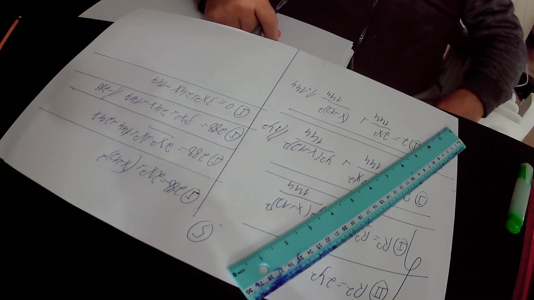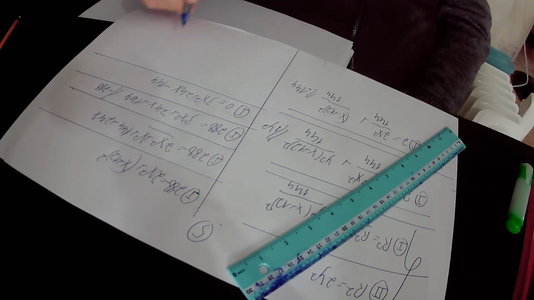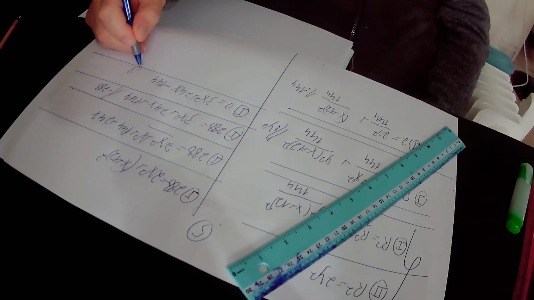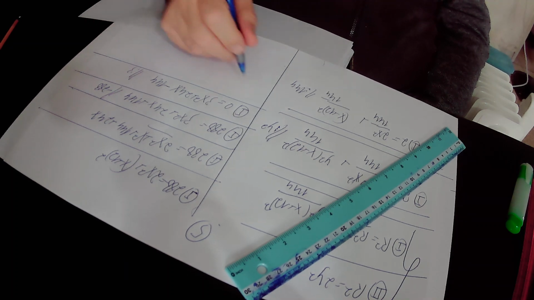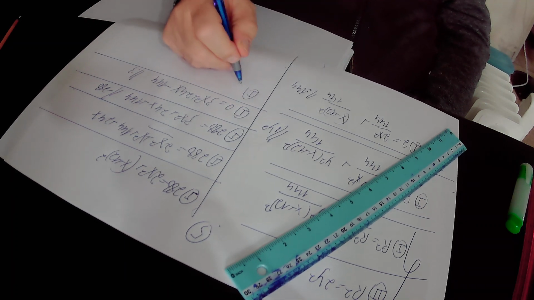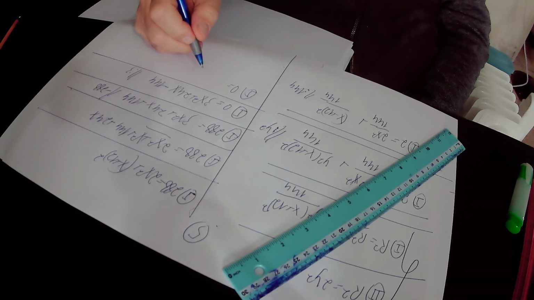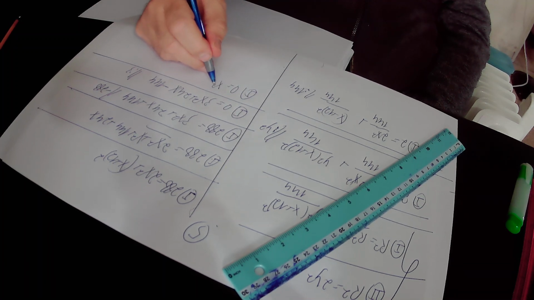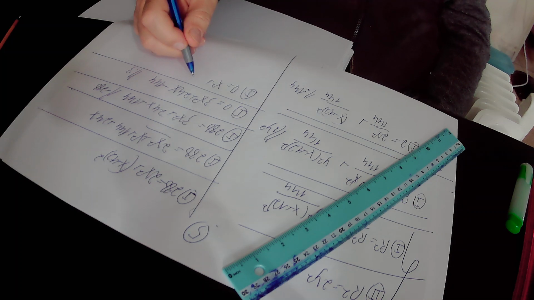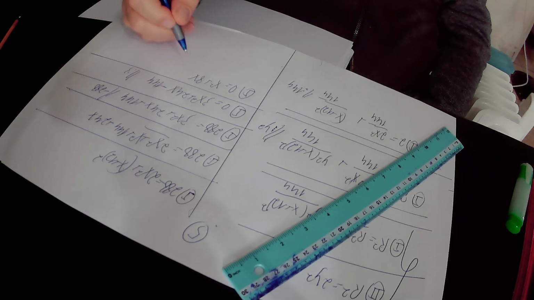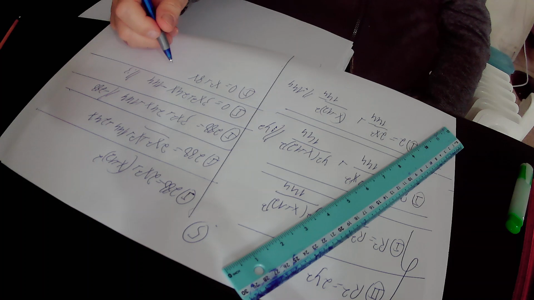So here we divide this quadratic equation by 3, and we get that according to this equation 1, 0 over 3 is 0, 3x squared over 3 is x squared, plus 24x over 3 is 8x, and minus 144 over 3 is minus 48.